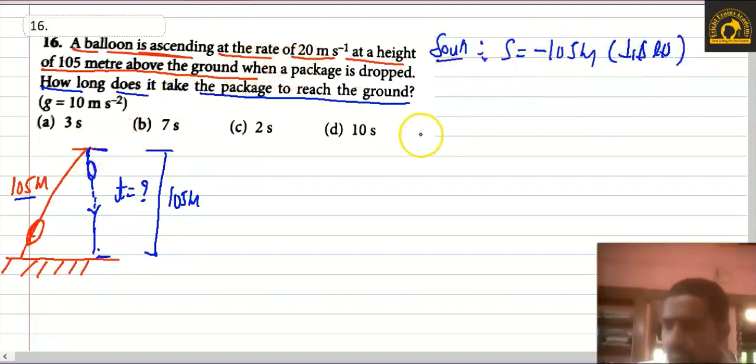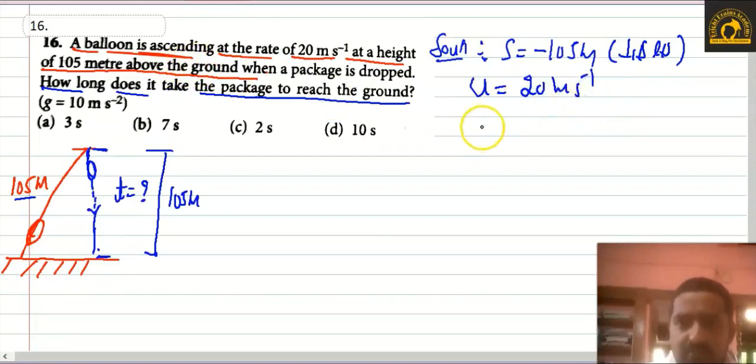So what about the initial velocity? Initial velocity is ascending at the rate of 20 meters per second at the height of 105 meters. So u is equal to 20 meters per second. Now we have to calculate the time.